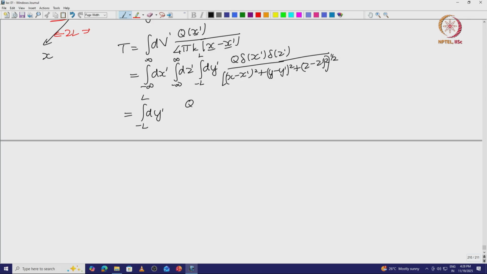I should put a factor of 4 pi here. I can take the q by 4 pi k outside.